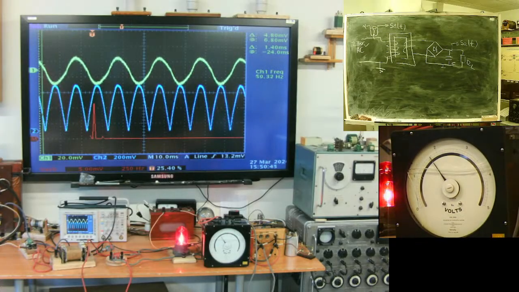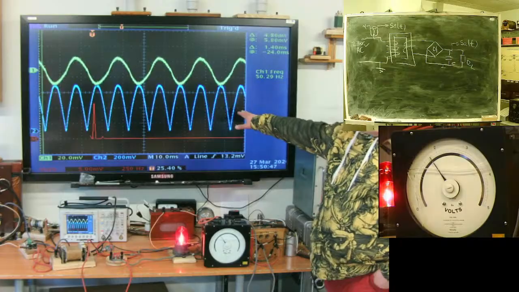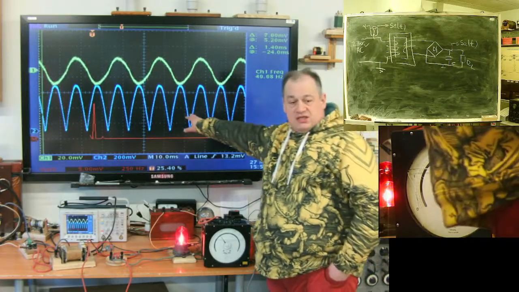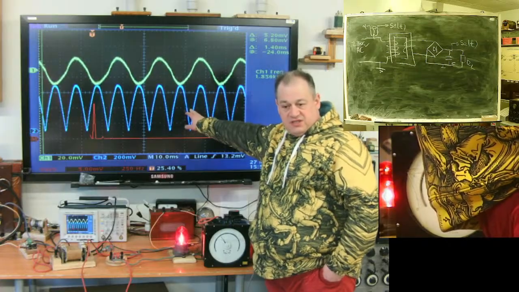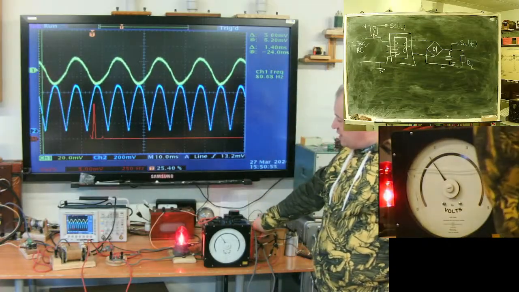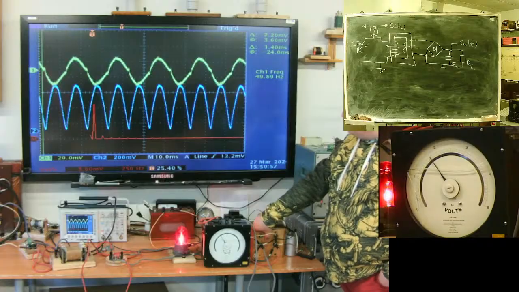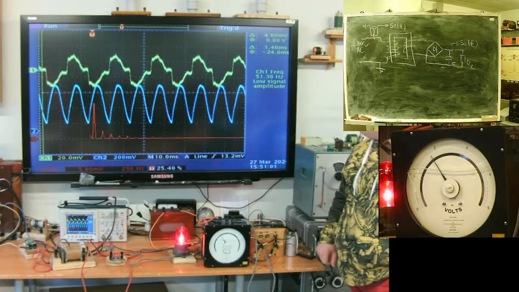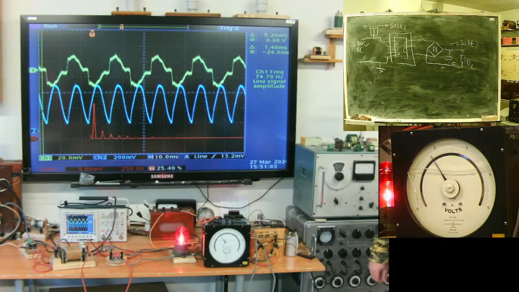Now let's add a filter capacitor. This one is without any filter. Load voltage isn't DC. We would like to have DC, but it's not DC. Let's add capacitance. 20, 40, 80. See what happens.